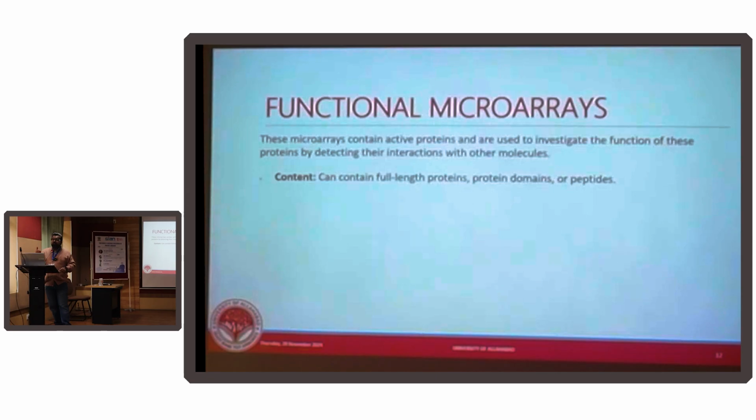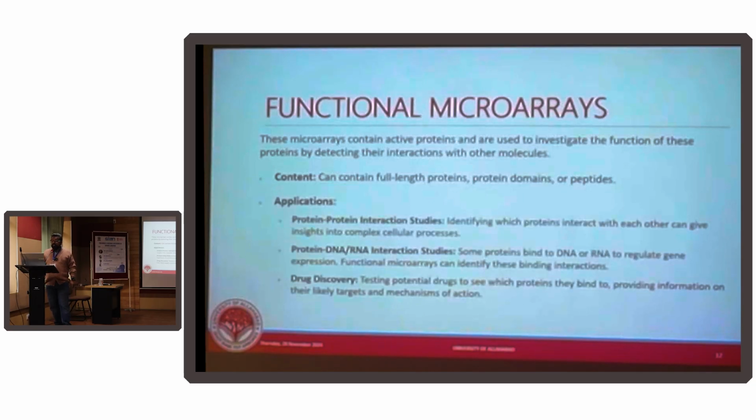Each different domain will give you different signals using the same sandwich principle, right? So this again gives you much more flexibility to work, and it can be used for protein-protein interaction study.